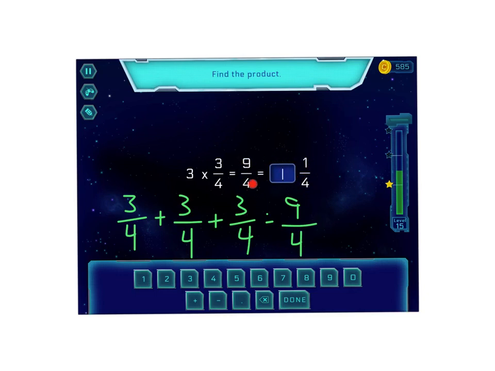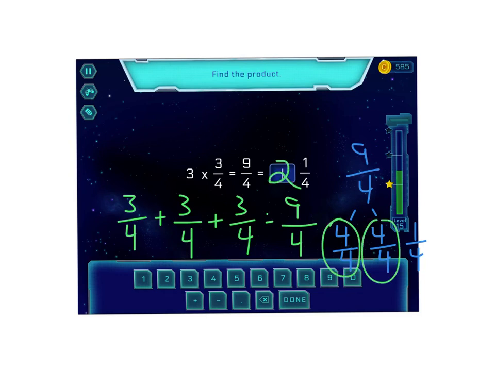How can we turn this improper into a mix? We've been working on that for a while. I'm going to take that 9/4. I'm going to break it down or decompose it. 4/4, 4/4, 1/4. And it's 2 whole and 1/4.